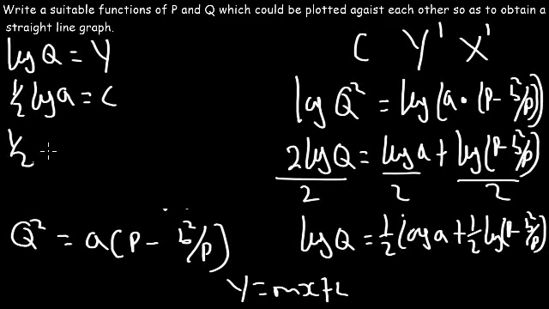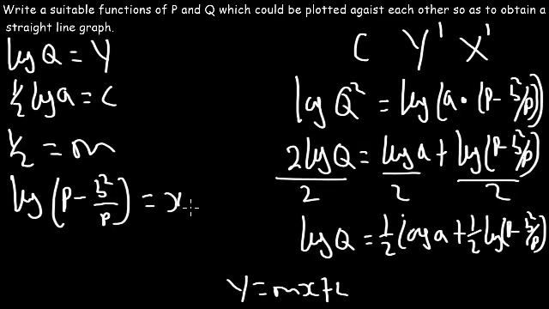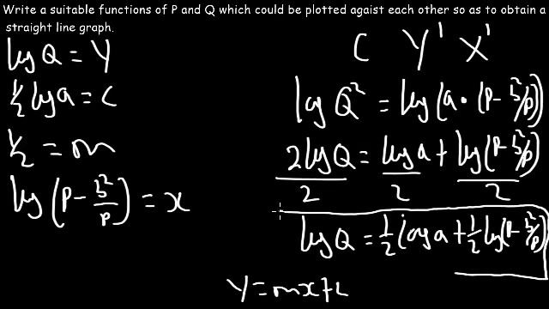Then 1/2 itself is the slope, while the log of p minus b squared over p is equal to x. You can see the p within the log are both in the first degree. Similarly, q is also in the first degree. So this makes sense. This is the general form in the straight line form of the given problem.